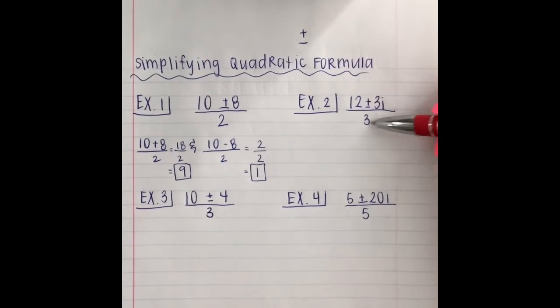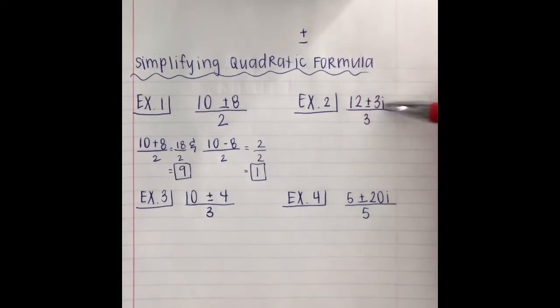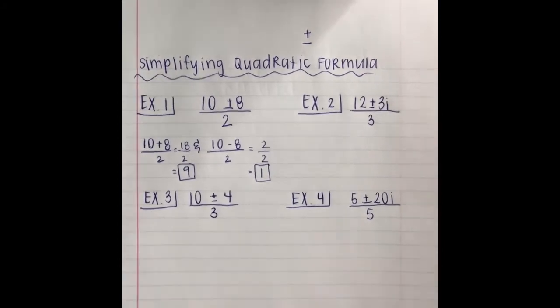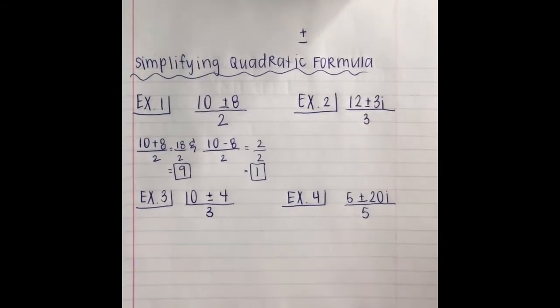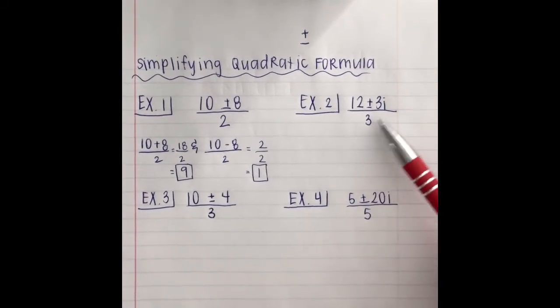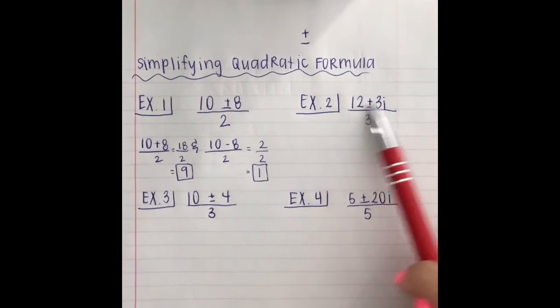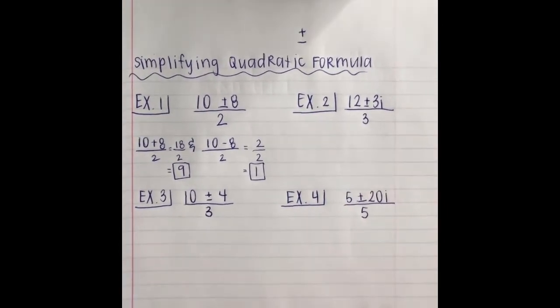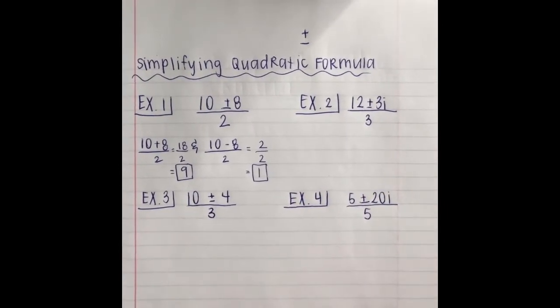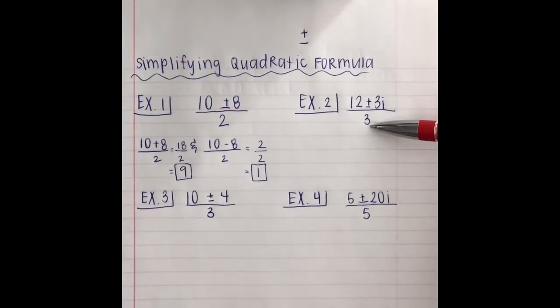So this would be 12 plus 3i divided by 3, or 12 minus 3i divided by 3. Since you can't combine those, it's easier when you have an i just to leave it like this, okay? And just focus on seeing if you can simplify these two numbers with the number that's being divided. Meaning, are 12 and 3 both divisible by 3?